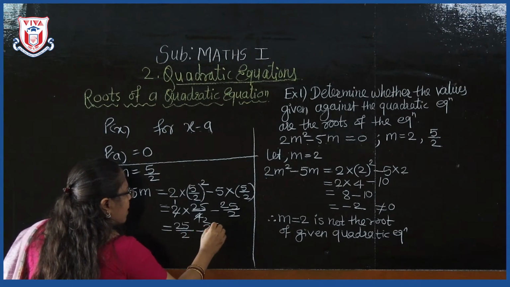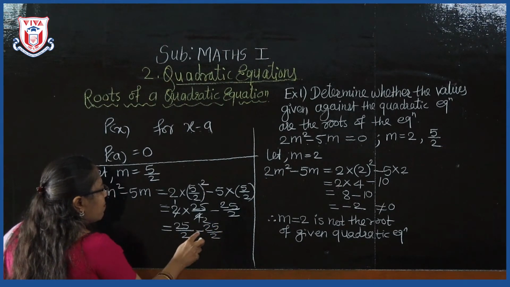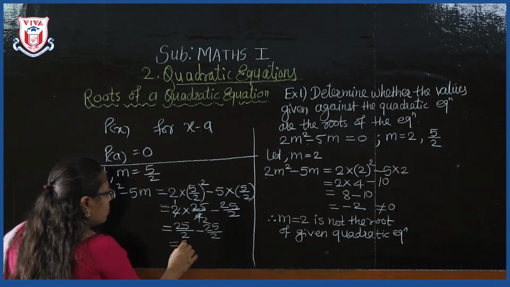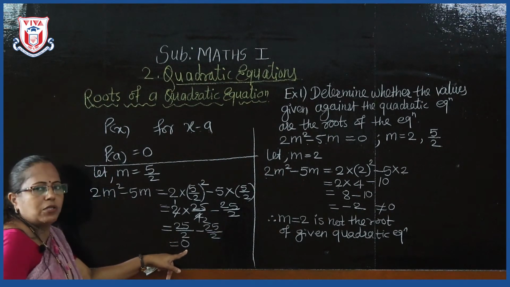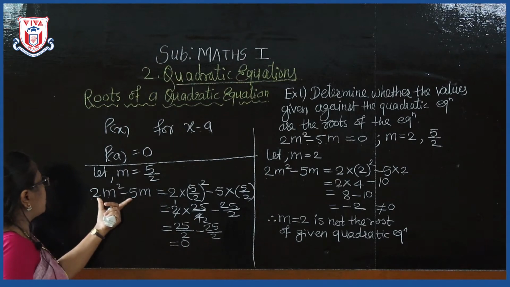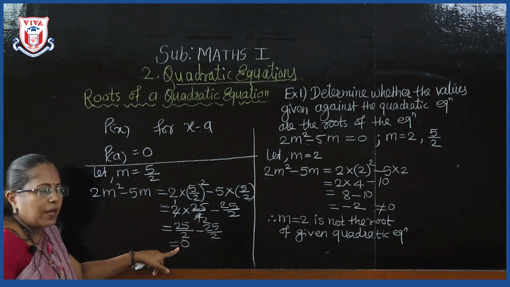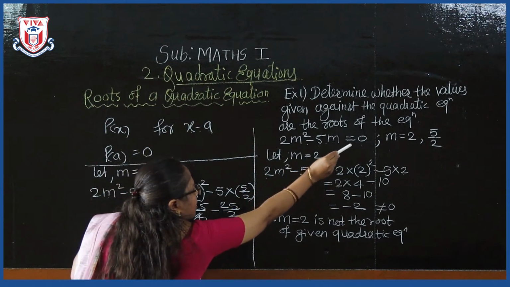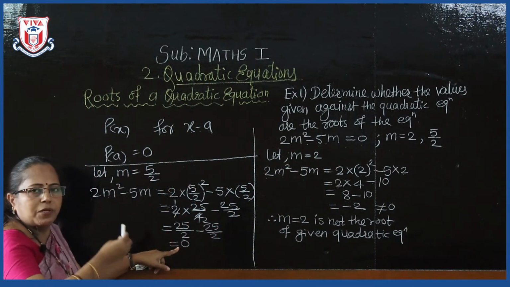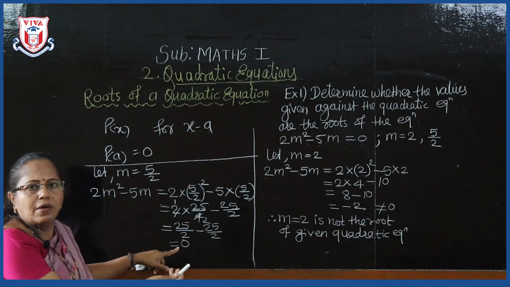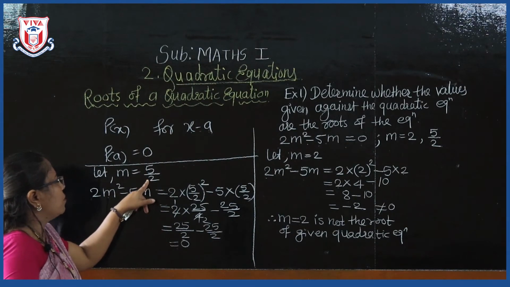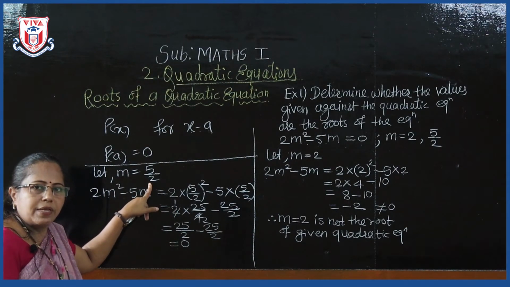Minus 25 upon 2. Now 25 upon 2 minus 25 upon 2, the answer is 0. So the value of this polynomial for m equal to 5 upon 2 is 0 and the right hand side of the equation is also 0. Means we got left hand side equal to right hand side. So this value is a root of the equation.